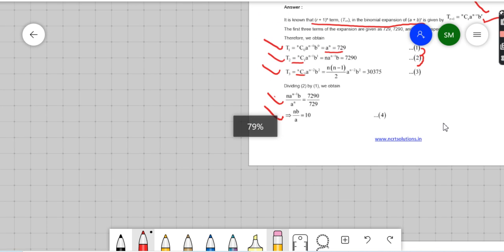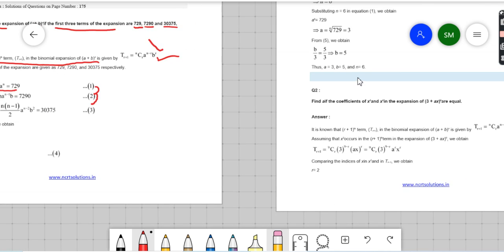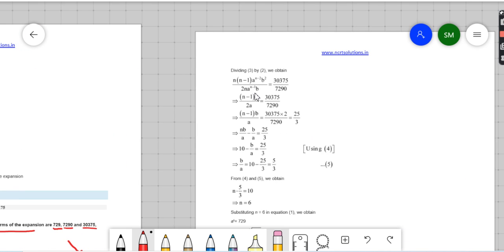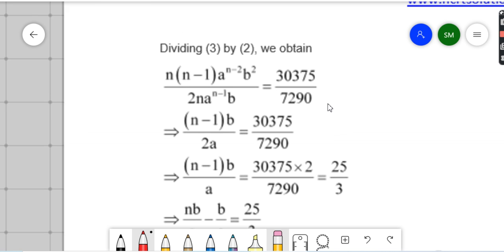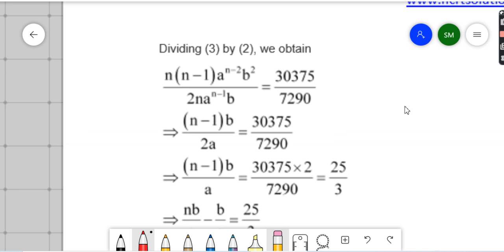Similarly, I will take one more ratio, that is, divide 3 by 2. If you divide equation 3 by 2, you will get (N−1)/2 A^(N−2) B². Just this is a division. Simplify, whatever you can cancel, cancel it.